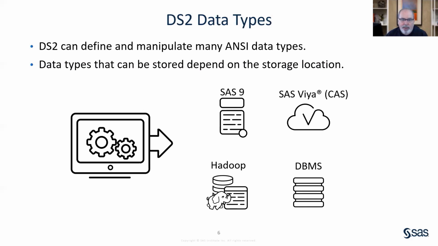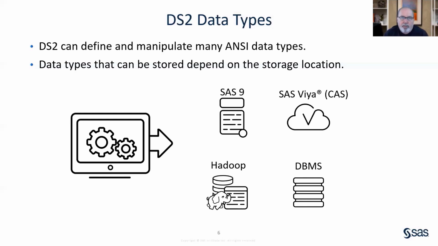So for instance, we may be running a DS2 data program in a pure SAS environment, and we have decimal data types and varchar and all those fancy ANSI types as we process them in a program data vector. But if we are writing that result set out to a SAS 9 data set, then before they can be written to disk, all of those data types will have to be down-converted by the engine to fixed width character or double precision numeric, because that's all that a SAS 9 dataset can store.